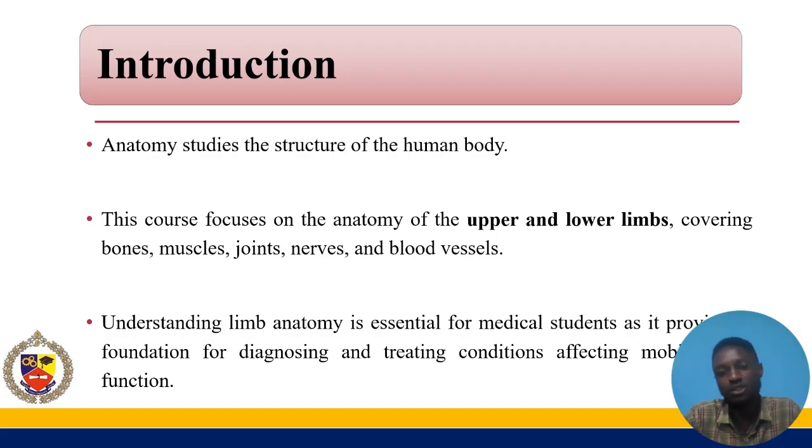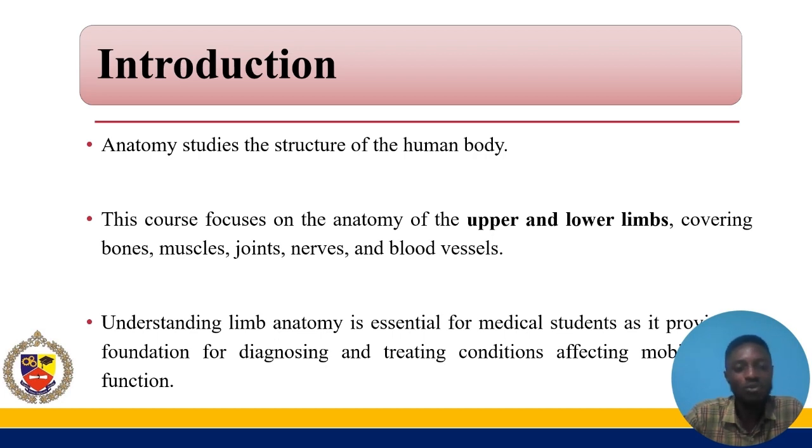What do you think helps the doctor to diagnose and know the exact location of this fracture? It is because of anatomy, which provides us with knowledge in understanding the different parts and the relationship between the components of which our body is made up.